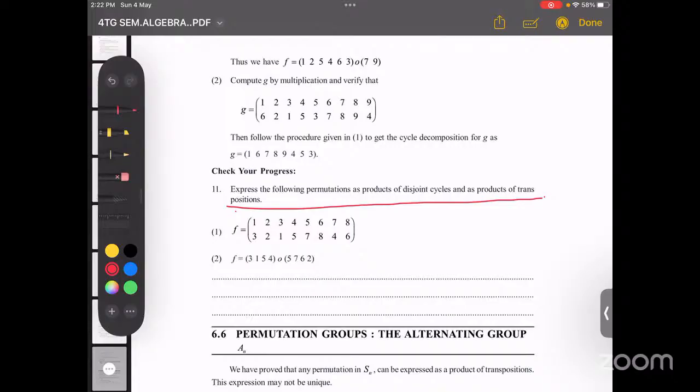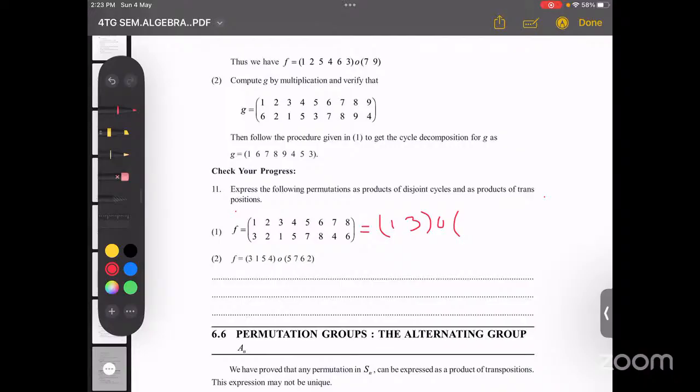Okay. 11th one. Express the following permutations as a product of disjoint cycles and as a product of transpositions, he is asking. So whatever the permutation is given, you can write as a product of disjoint cycles. So first you write it: 1 is mapping to 3 is mapping to 1. So close here, circle. Next 2 is identical, so no need of writing the 2. Okay.